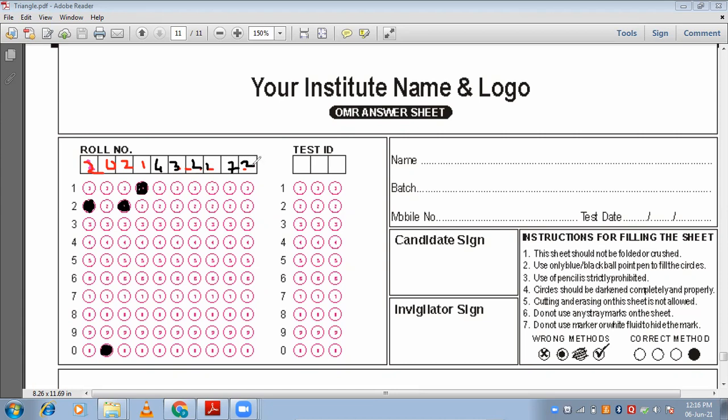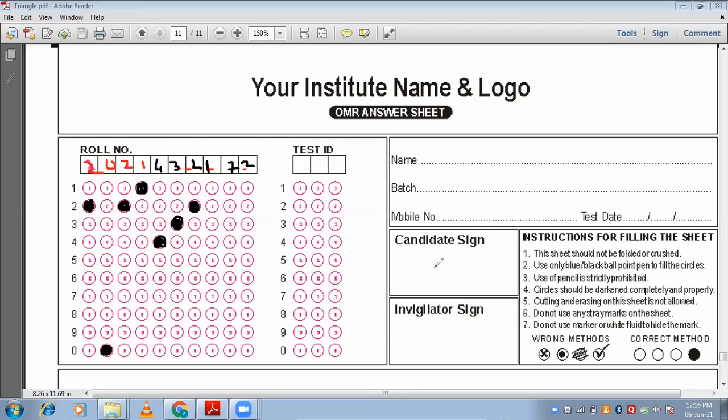Like that it is there means. Okay. 4, where is 4? Here is 4. Next 3. Next 2. Next one, like that you need to shade.